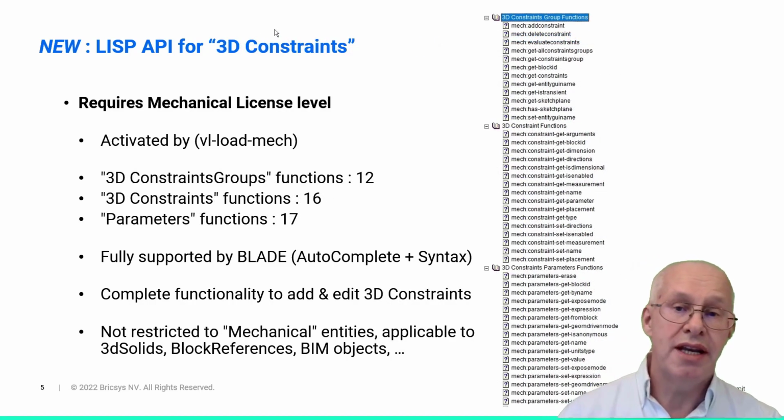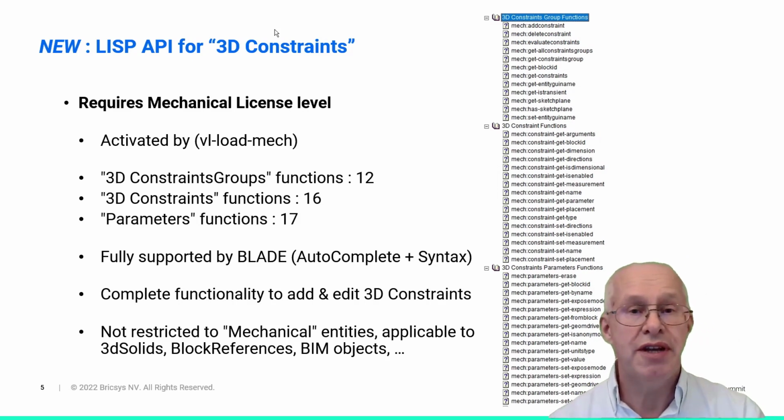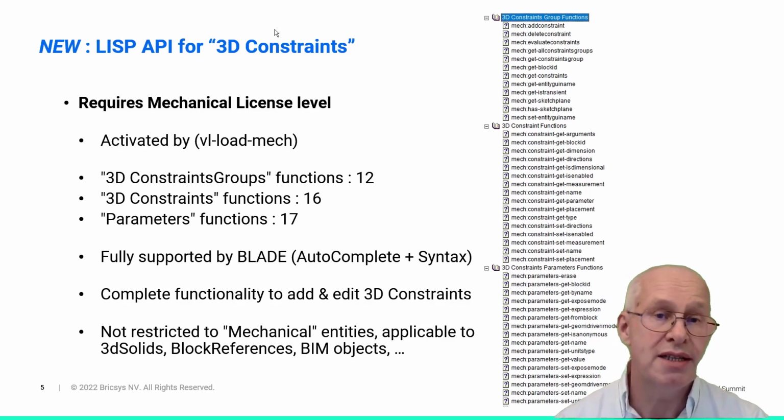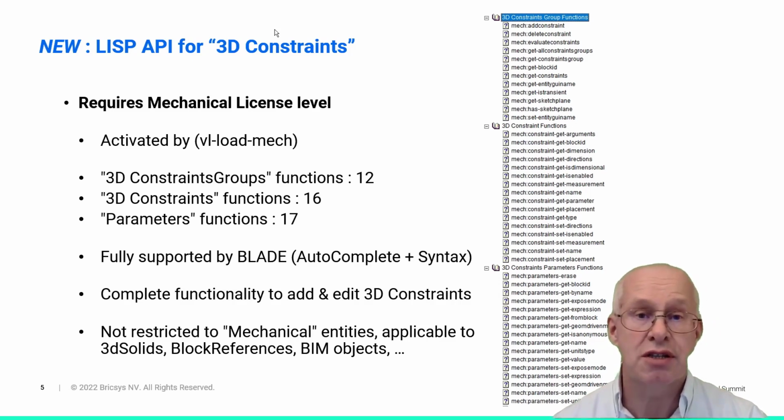Same as for the mechanical components, there was a significant demand by LISP developers to have an interface to our 3D constraints functionality, and this is now available with version 23. Please note, this new functionality is not restricted to mechanical entities only, but is also applicable to general 3D solids, block references, BIM objects, and others. Finally, all the new LISP functionality is also supported by Blade in autocomplete and syntax tooltips.